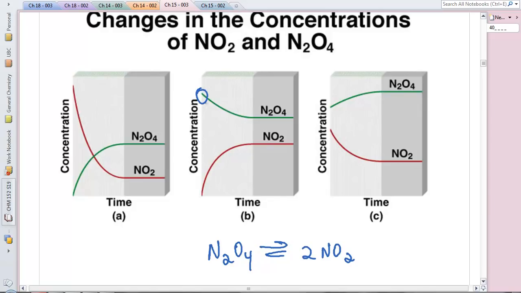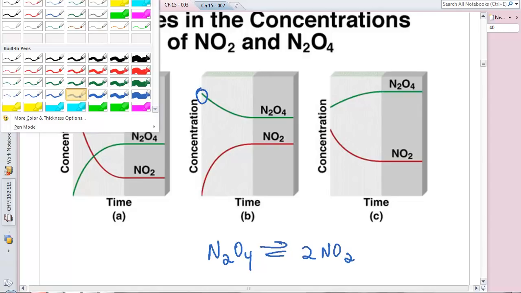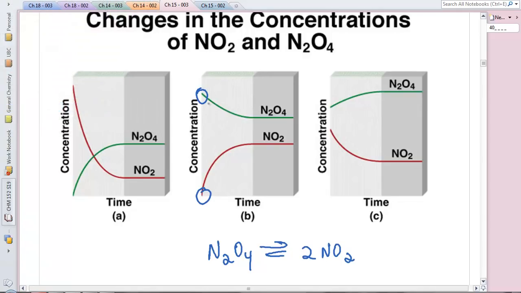We're starting with reactant, no product, and over time our reactant concentration drops off, our product concentration increases, and then we reach equilibrium at this point. Concentrations of reactants and products are no longer changing with time. Again, note they are not equal. Equilibrium does not mean equal concentration. It means equal rate, and hence concentrations are no longer changing with time.